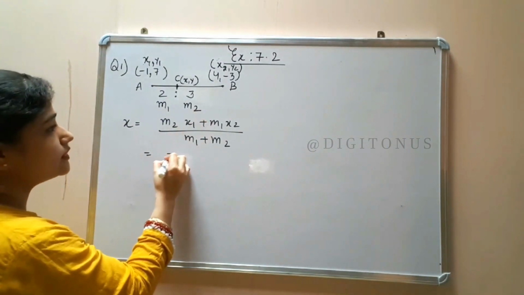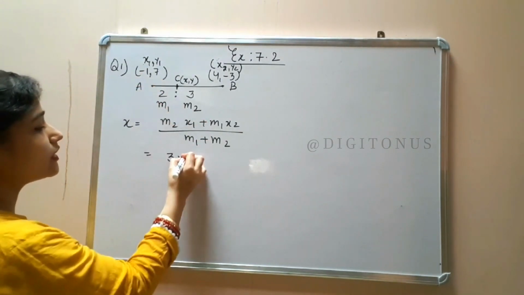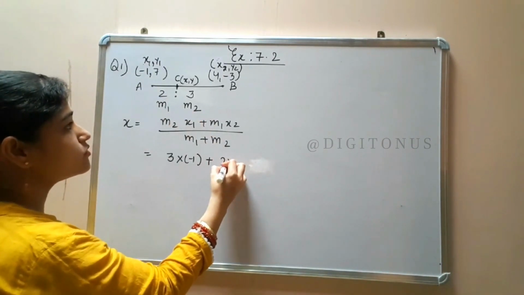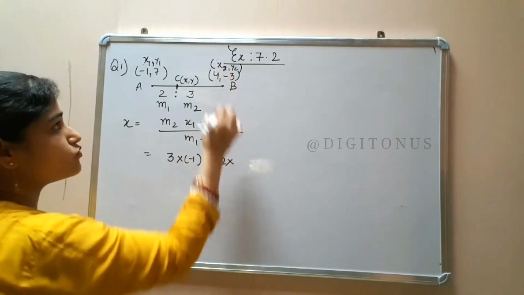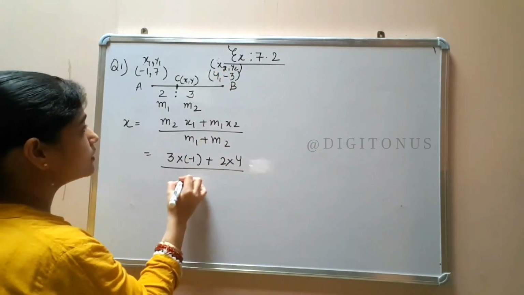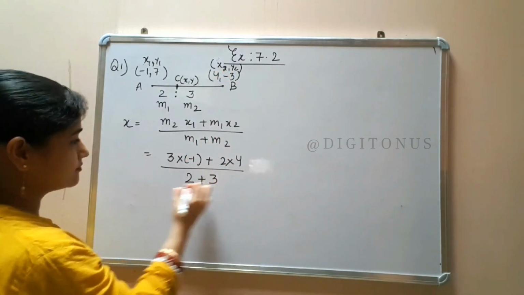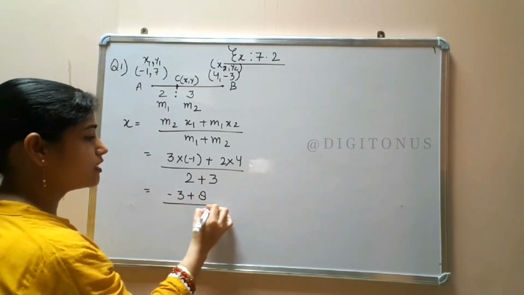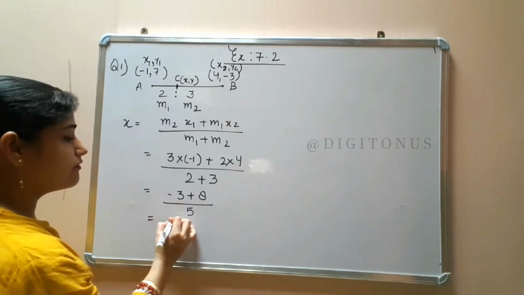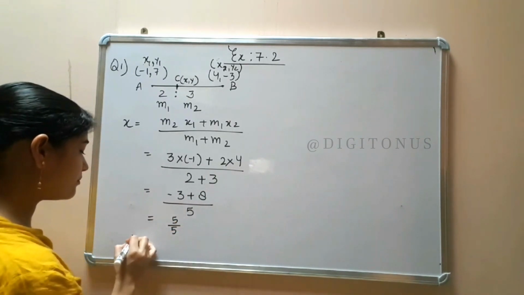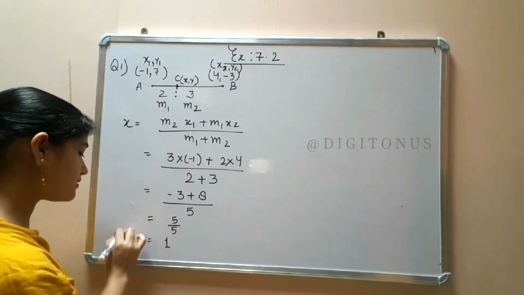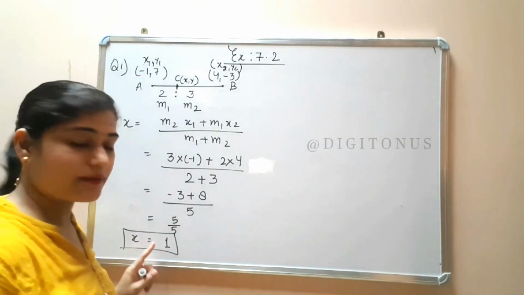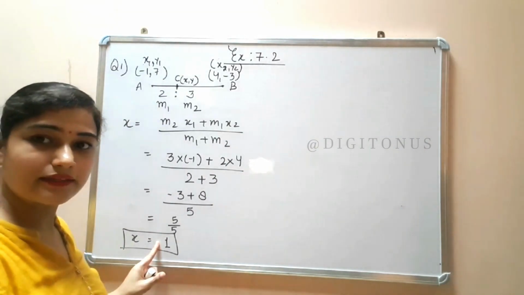The m2 value is 3, multiplied by x1 value -1, plus m1 value 2, multiplied by x2 value 4, upon 2 plus 3. Here -3 plus 8 upon 5, 5 upon 5, it means the x value is 1. So the first coordinate, the abscissa value, is 1.